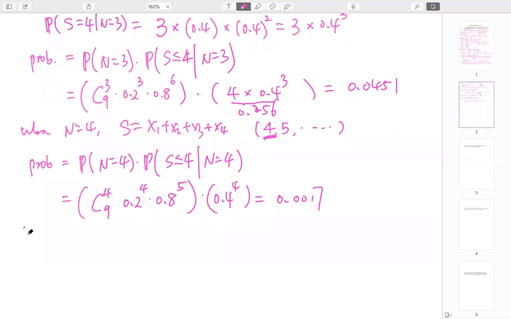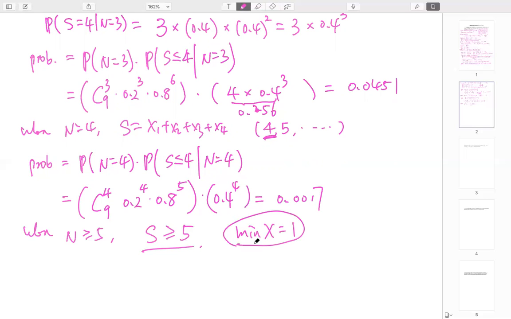Of course, you can analyze when n is greater than or equal to 5, then s would be at least 5. That is because the smallest value for x is 1, right? So if there are 5 or more claims and the size of each claim is at least 1, then the total would be at least 5. That is beyond what we want.